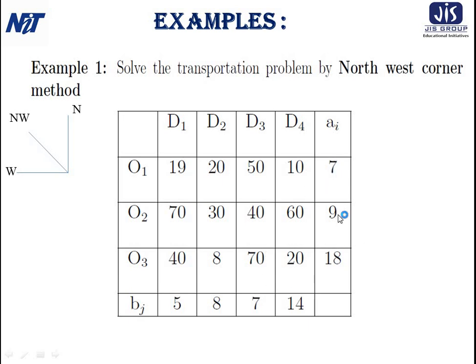So 7 plus 9 is 16, 16 plus 18 is 34. So summation of Ai is equal to 34. And what is the value of summation of Bj? 5 plus 8 is 13, plus 7 is 20, plus 14 is 34. So we are finding here summation of Ai is equal to summation of Bj. Therefore, the given transportation problem is a balanced transportation problem.